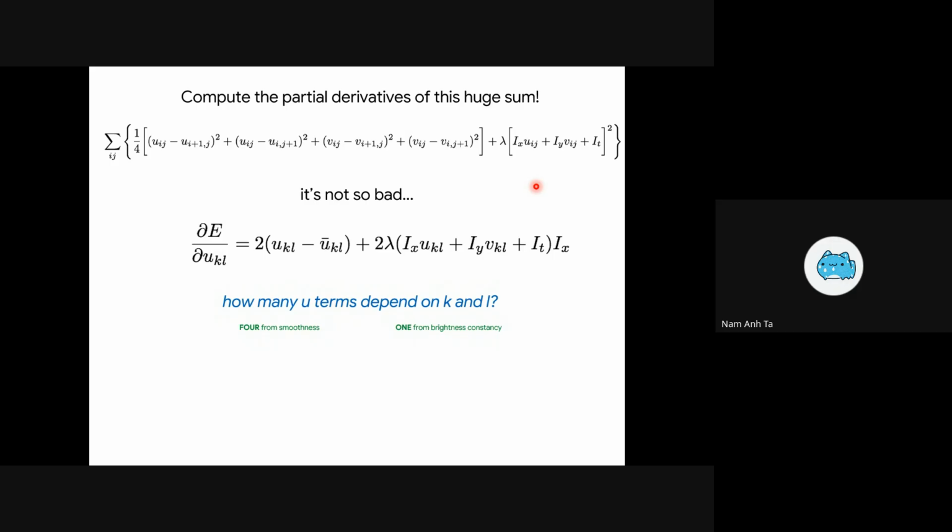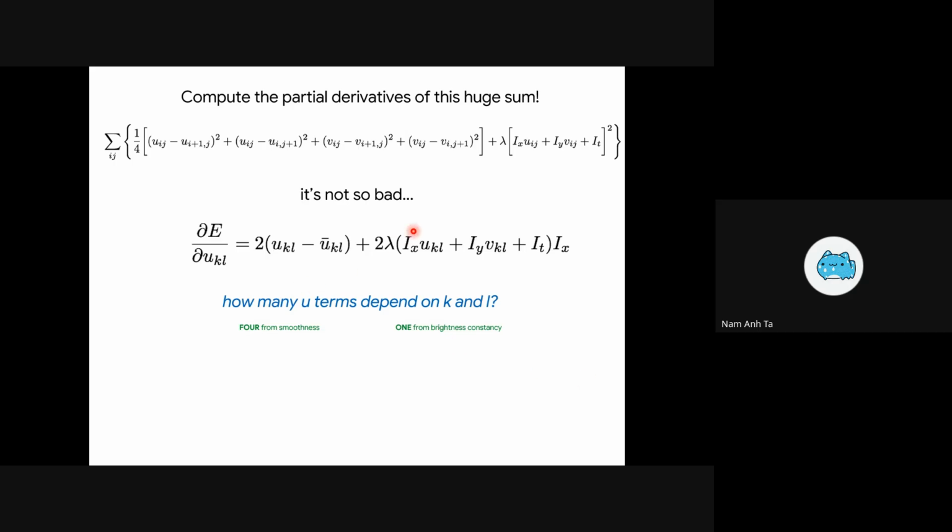So to find the update rule, we identify all terms related to the velocity UKL at a specific pixel and take the partial derivative.